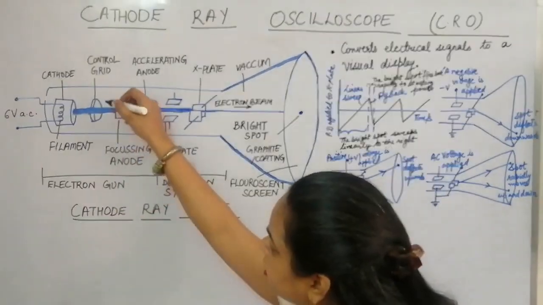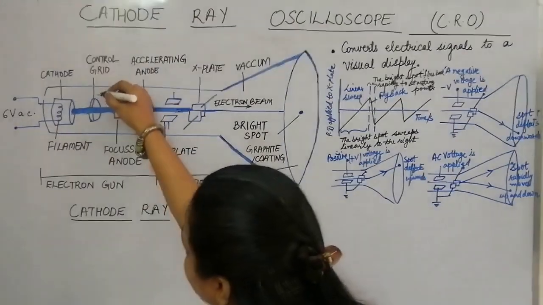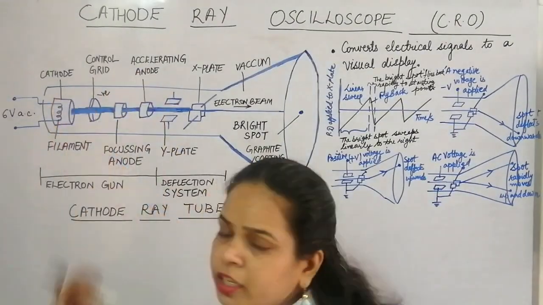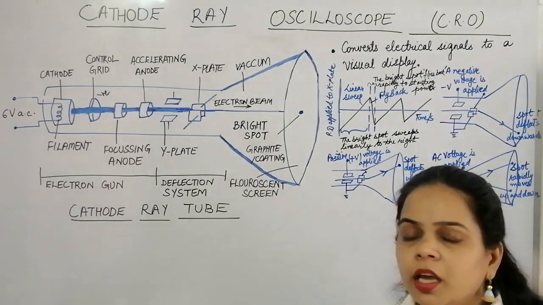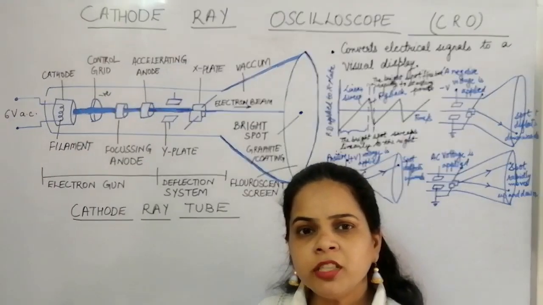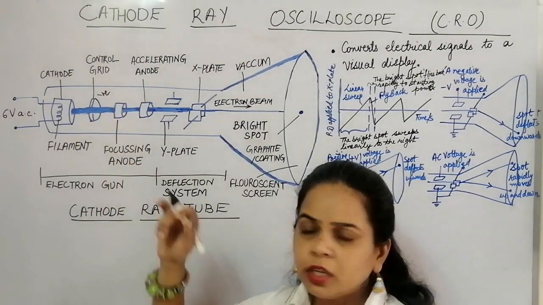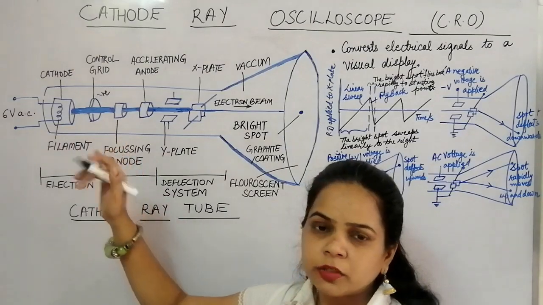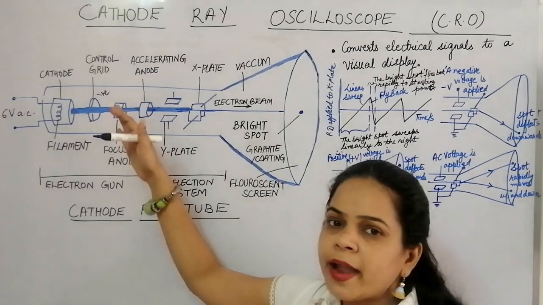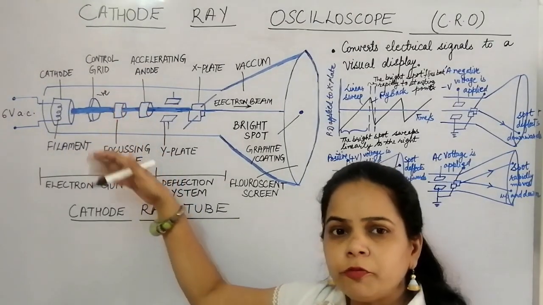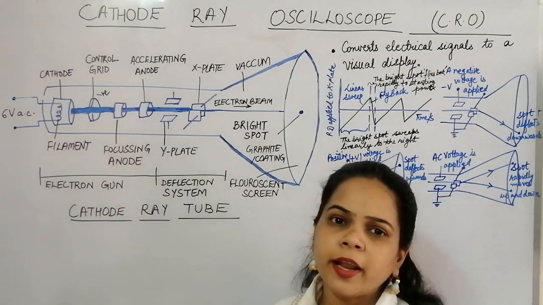There is a cylindrical disc of the control grid. This control grid is placed at a negative potential, higher negative potential than the cathode. Why is this negative potential of the control grid there? Since electrons are negatively charged and the control grid is also negatively charged, when the electron beam flows, by increasing the negative voltage of the control grid, we can limit the number of electrons.